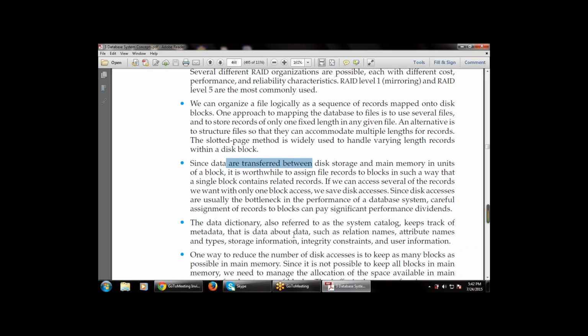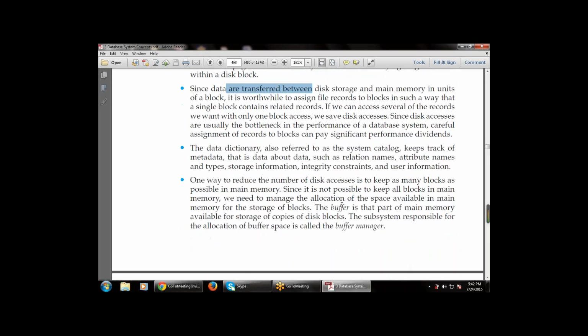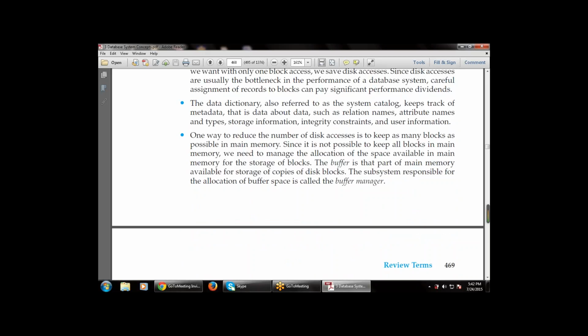That is, we divide the main file into a number of blocks, so that the access time is lower and we can save the data much faster. And the buffer is that part of main memory that is available for copies of the disk blocks, and everything responsible for this is known as the buffer manager.